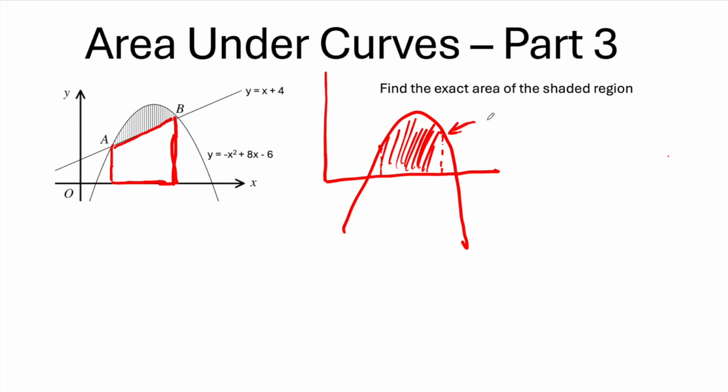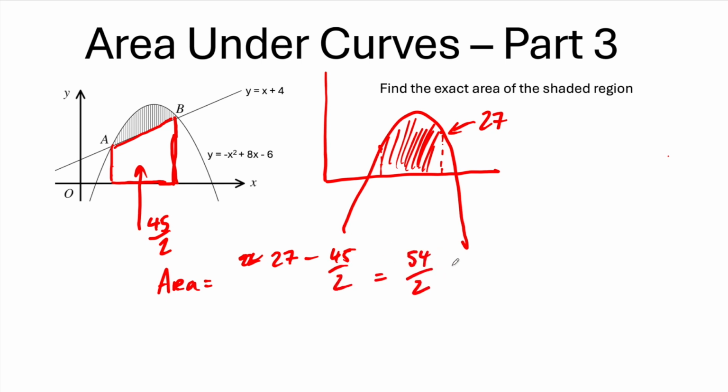So this was 27, this was 45 over 2, so the exact area equals 27 minus 45 over 2. That equals 54 over 2 minus 45 over 2. So we've got 9 over 2, or 4.5 units squared.